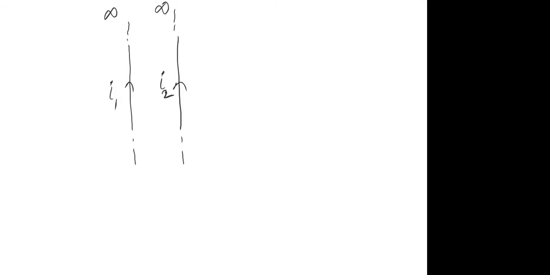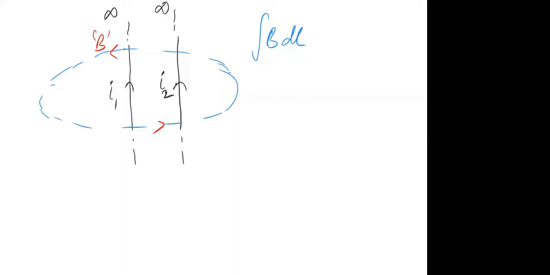If we apply Ampere's law, again we will be doing the same. We will take some sort of loop here, and we will take the line integral of magnetic field. My focus is: what will be the value of current in this case? If you take the line integral of magnetic field B dl, because both wires carry current in the same direction, and let's say I took the magnetic field anti-clockwise, then obviously if the magnetic field due to I1 is anti-clockwise, due to I2 also it will be anti-clockwise.